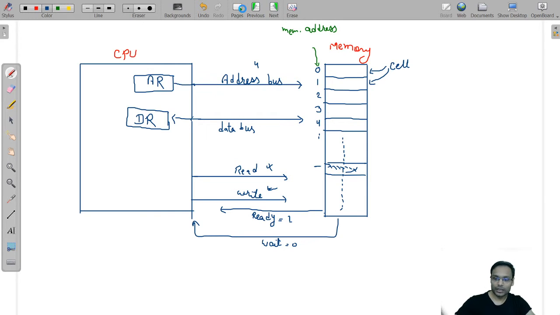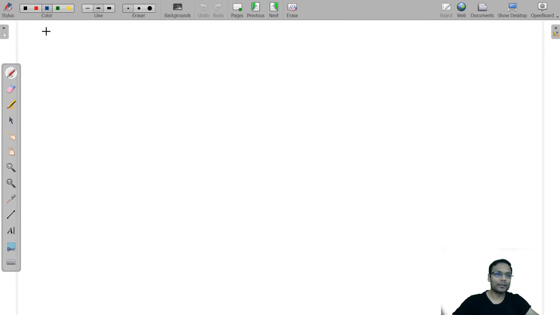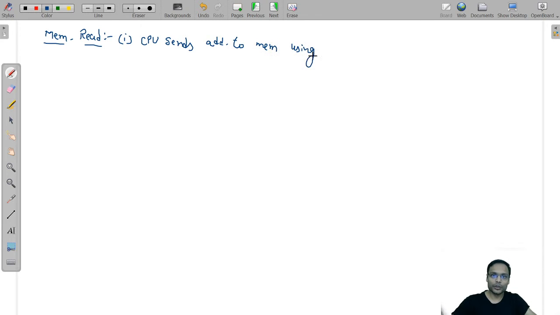Now let me write what happens in the memory read operation. The very first thing is the CPU sends the address to memory using the address bus.